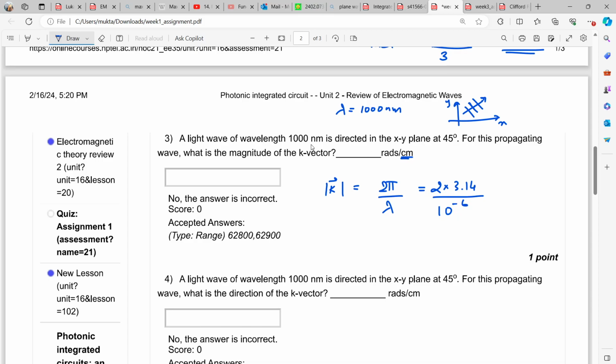So nanometer to centimeter will be 10 power -7, and then 3 is -4, I think. So this will come out to be 6.28 into 10 power 4 radians per centimeter. So we can fill it here, 62800.